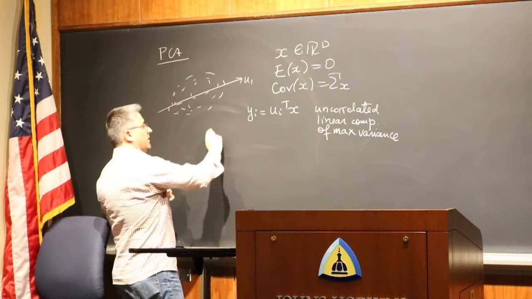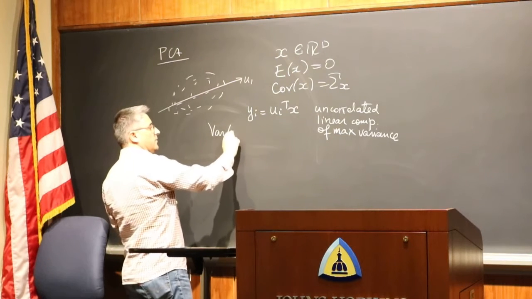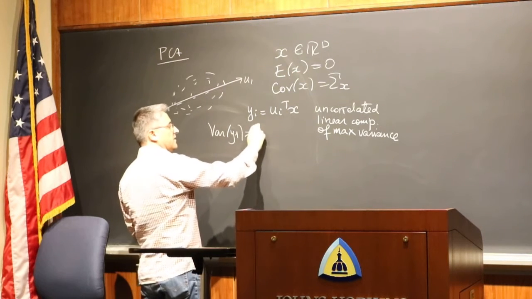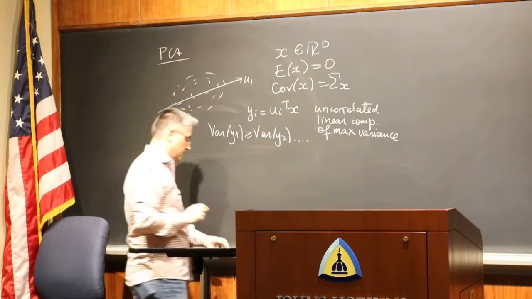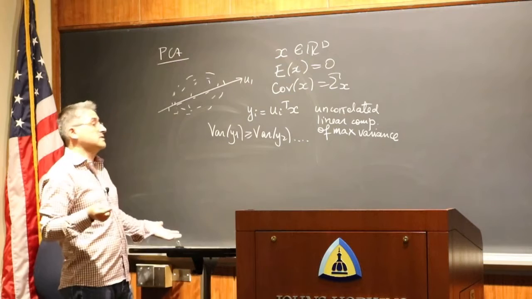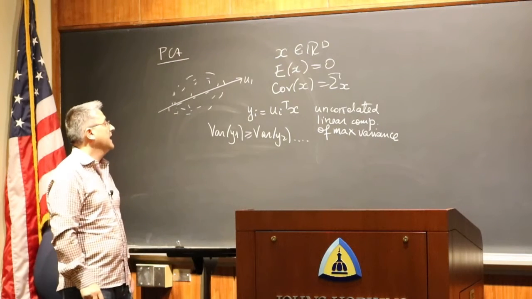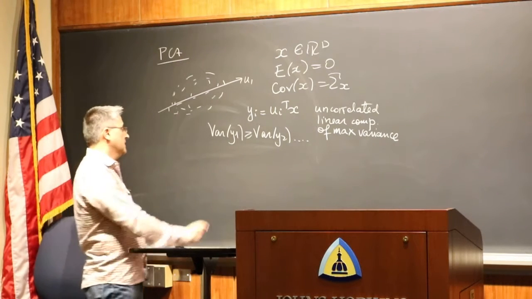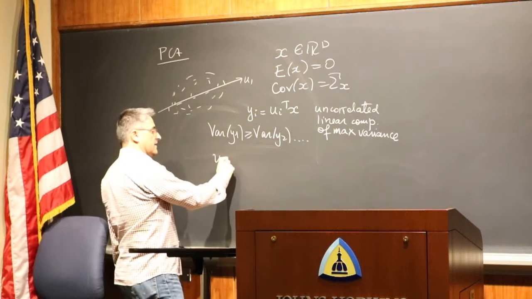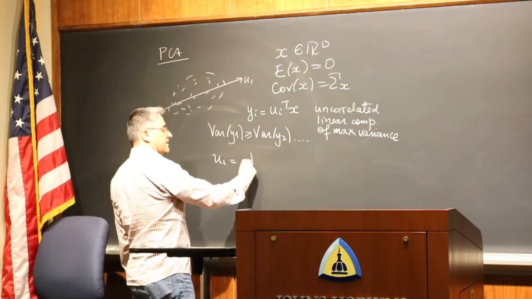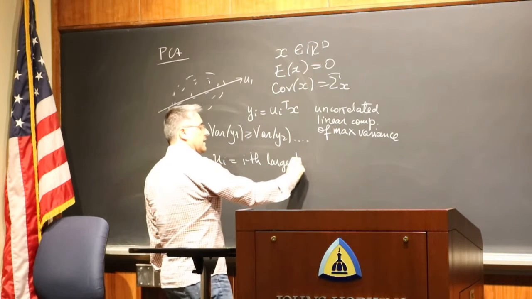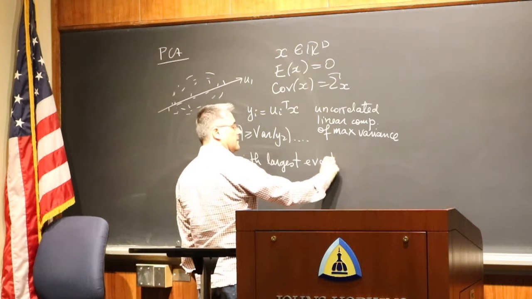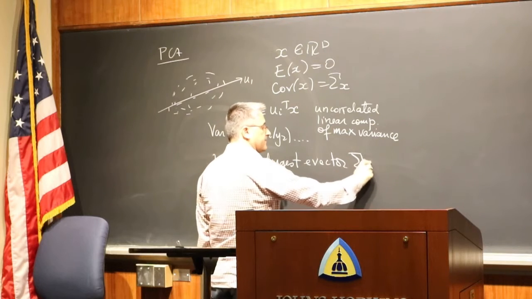And so what we required was that the variance of y1 be bigger than or equal to the variance of y2, and so on and so forth. Okay? That was the definition of principal components. And we proved that u sub i is equal to the i-th largest eigenvector of sigma x.